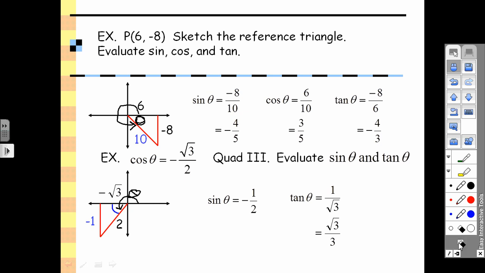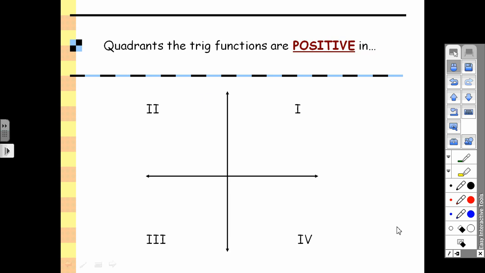Okay, one other thing that I need to show you, and that is a nice little way to remember which quadrants your trig functions are positive in, because eventually, throughout the rest of the course, we're always going to be referencing the quadrants where sine is positive or cosine is positive, and by contrast, which ones they're negative in.